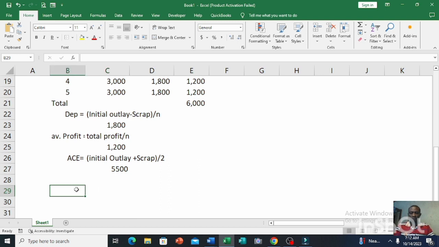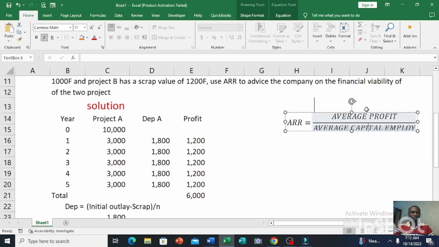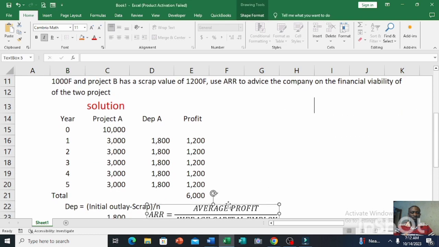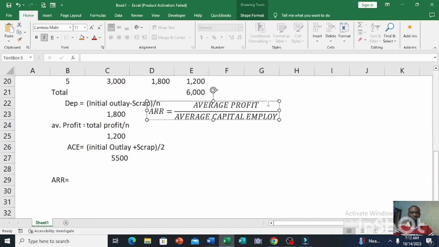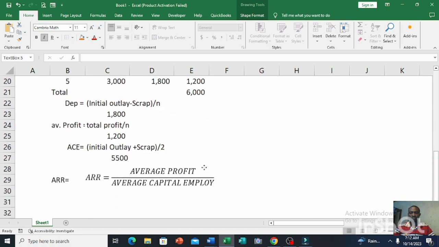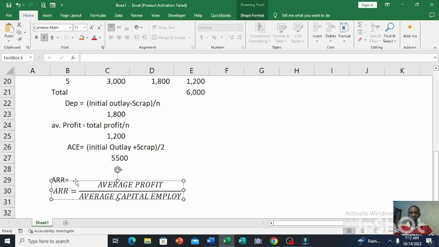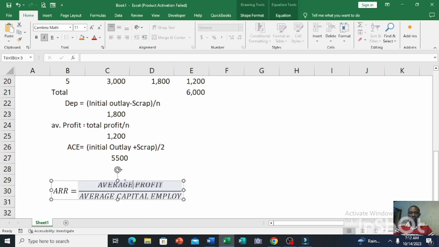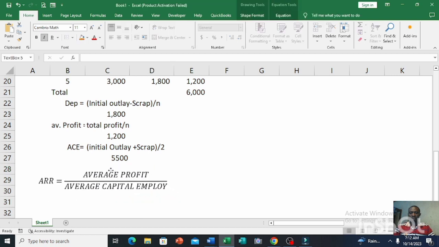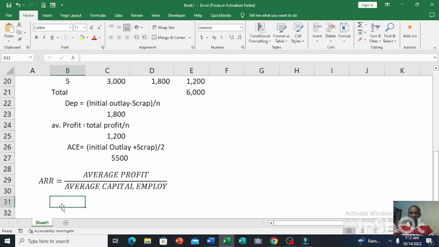So then, what will be our ARR? ARR, this is the formula. So our ARR will take average profit divided by average capital employed.